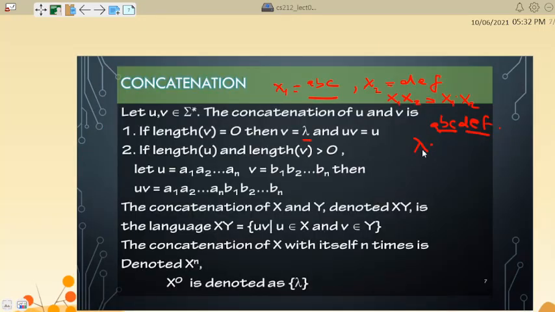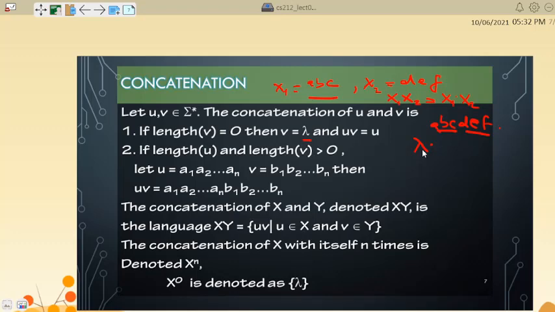Another operator we call concatenation, or concat. Concat means we take two strings and combine them together.